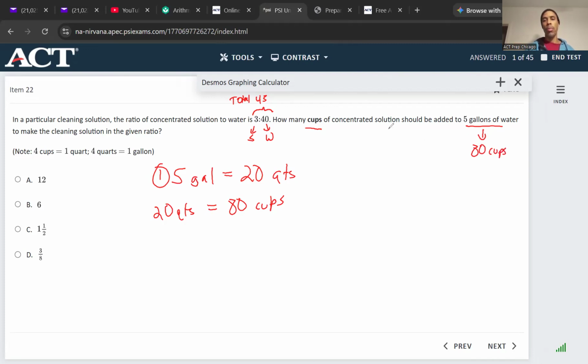So how many cups of concentrated solution should be added to 80 cups of water to make the cleaning solution in the given ratio? We have water, which is 80 cups. We want to know what our solution should be such that the total will be 43.